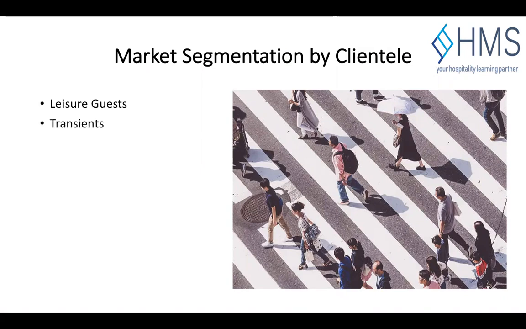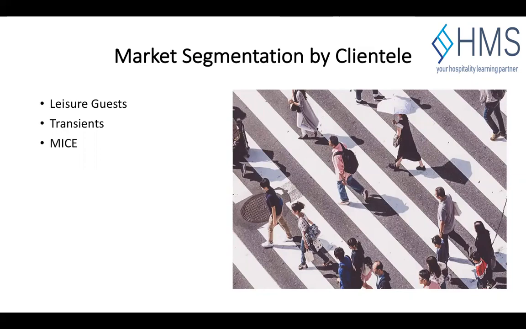Then you have transients, guests who would like to stay overnight, and transient hotels would be, say, hotels located in the airport vicinity where travelers would like to spend a few hours rather than a night in a particular hotel, just for rest and relaxation. An example of such a hotel would be the Holiday Inn and the Holiday Inn Express in the city of Kolkata.